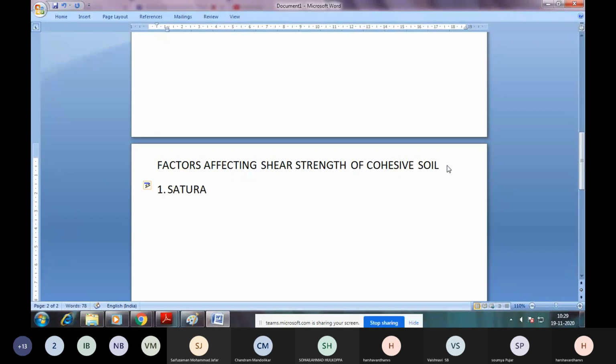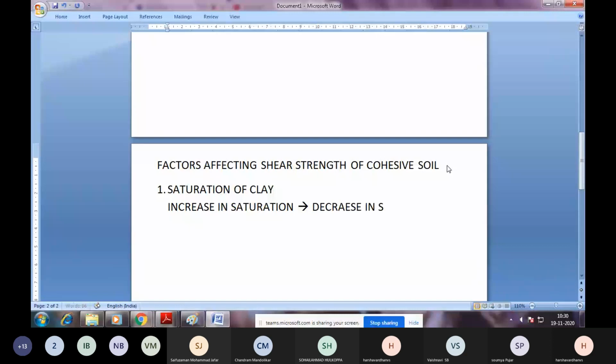The first factor that affects the shear strength of clay or cohesive soil is saturation of clay. If the soil is saturated, as you increase the saturation, the shear strength decreases. So increased saturation leads to decrease in shear strength.